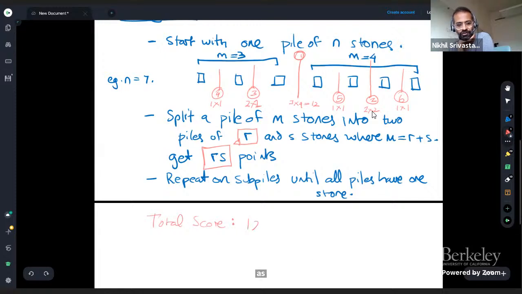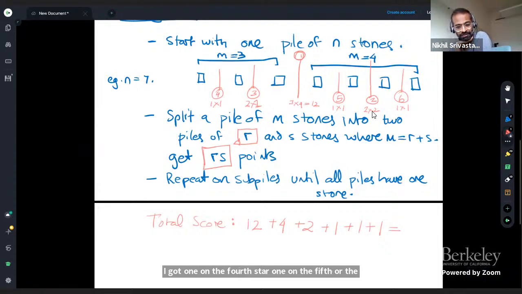Well, so I got 12 points on the first turn. I got 4 on the second turn. I got 2 on the third turn. I got 1 on the fourth turn, 1 on the fifth turn, 1 on the sixth turn. So my total score is 16, 18, 19, 20, 21.